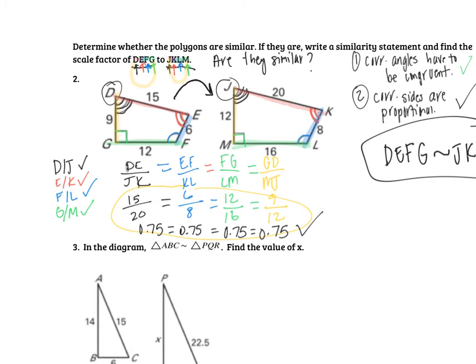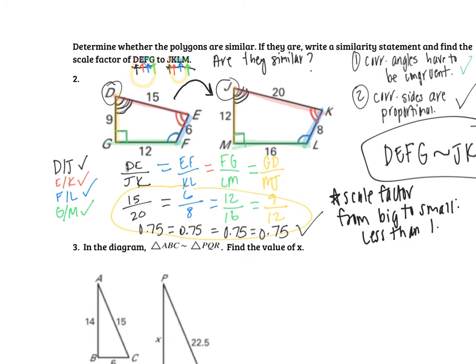However, and this is what you should write down, the scale factor from something big to something smaller should be less than 1. So this scale factor of 0.75 is actually getting us from the bigger shape to the smaller shape.